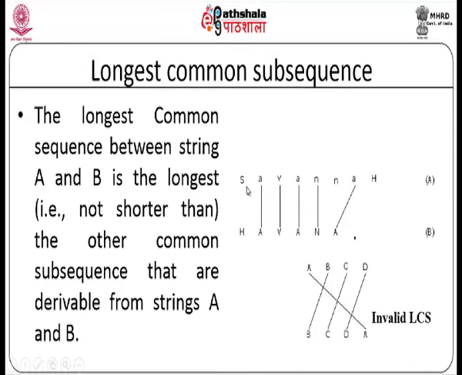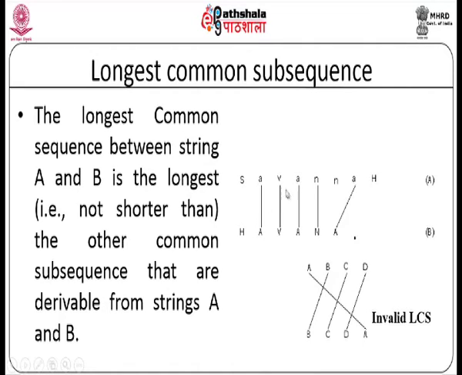For that, we have to align the strings and establish a one-to-one correspondence between the characters. I am placing Savannah, then Havana, and establishing a one-to-one relation between all the matching characters. You can see the number of matches. The length of the common subsequence is 5 and the longest subsequence is AVANA.